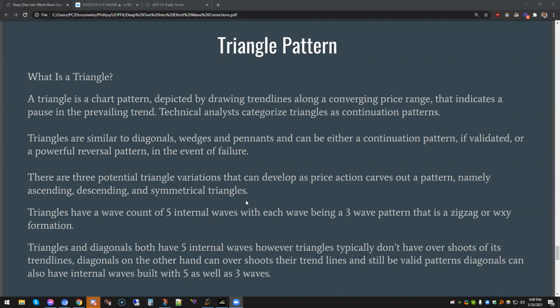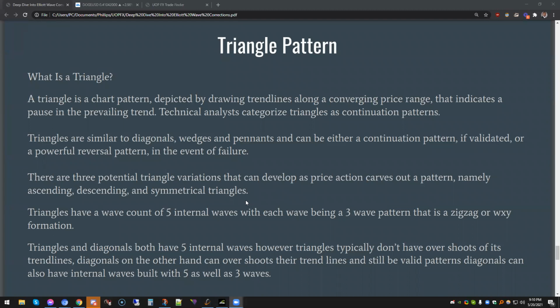Diagonals, on the other hand, can have overshoots of their trend lines. They're still valid patterns, but they simply carry overshoots. They also have internal waves of 5, and in some cases, these internal waves are 3 waves, as in 5 waves being the internal wave count, and each of the 5 waves being constructed in a 3-wave formation.